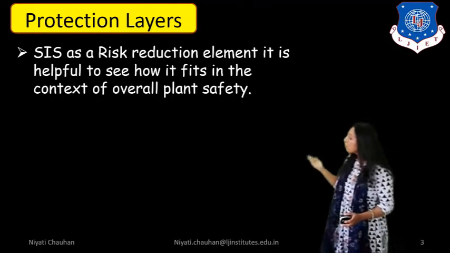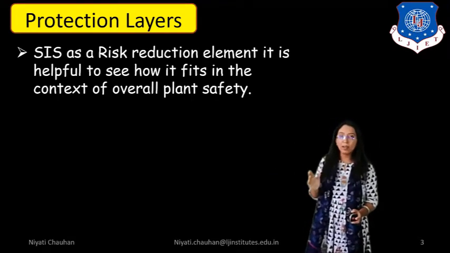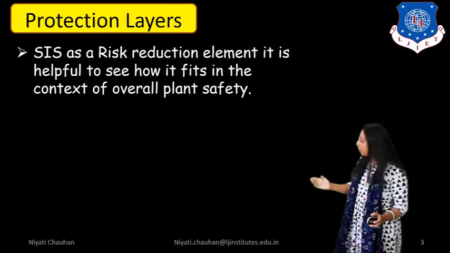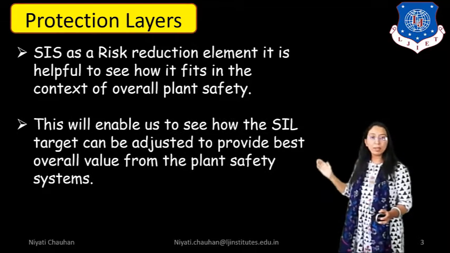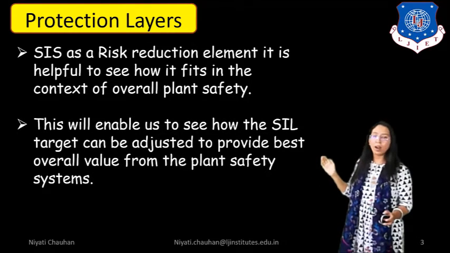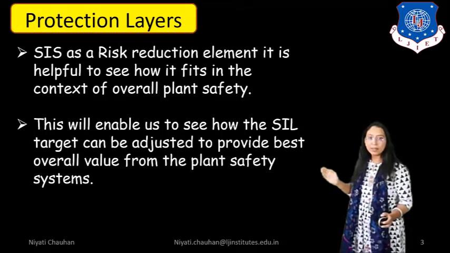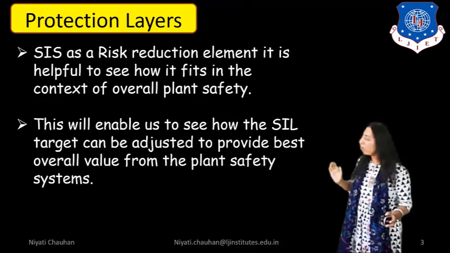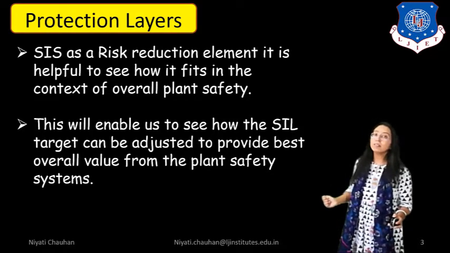So we are using the safety instrumented system, and our purpose is to reduce risk and for the safety of the plant. This will enable us to see how the safety integrity level target can be adjusted to provide the best overall value from the plant safety systems.